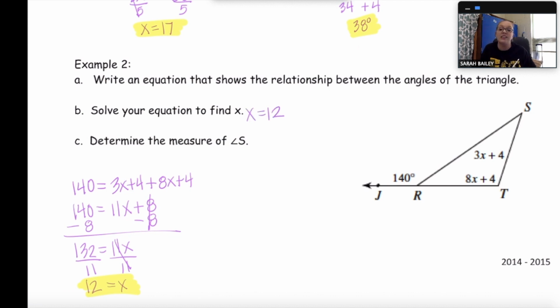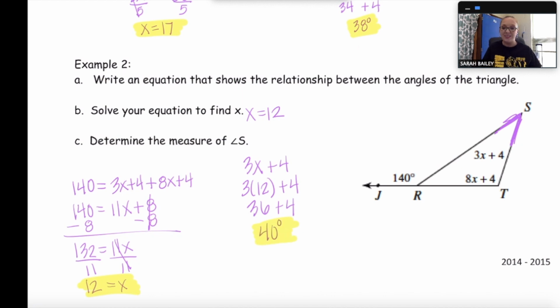Okay, part C says determine the measure of angle S. So angle S is this angle right here, which is represented by the expression 3x plus 4. Well, if x is 12, we're going to do 3 times 12 plus 4. So that would be 36 plus 4 or 40. So this angle is 40 degrees.